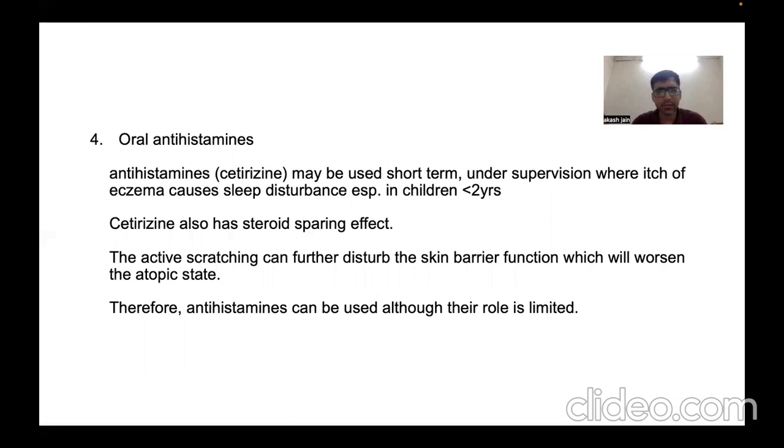Cetirizine also has a steroid sparing effect. Active scratching can further disturb the skin barrier function, which will worsen the atopic state. Therefore, antihistamine can be used, although their role is limited, to prevent further scratching or itching.